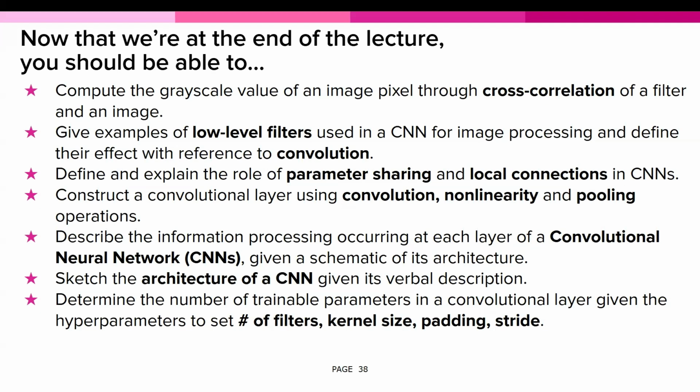We then talked about how convolution is implemented in a convolutional neural network, specifically by tying the weights together, or using parameter sharing, and also using those local or sparse connections to actually implement a filter and apply convolution uniformly over a whole image.